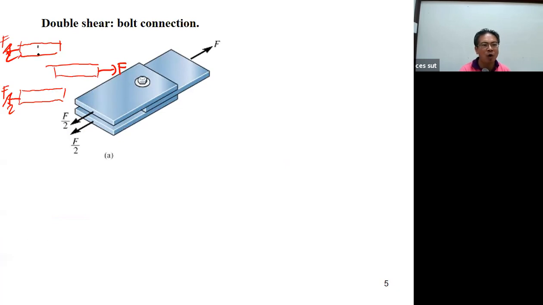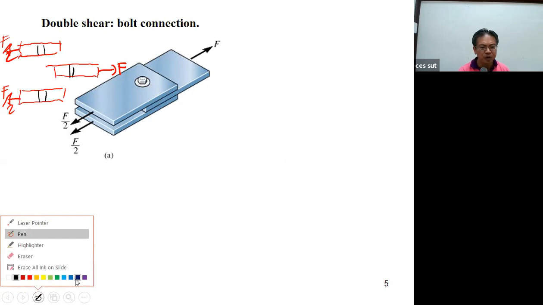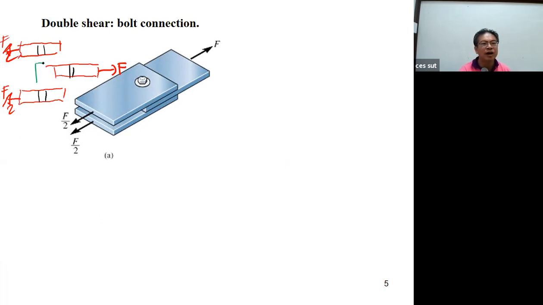We have the hole that the bolt is put into. So to connect them together, we have the bolt. And then to make the plate in balance, the force F over 2 will have the force F over 2 here. And it's going to act here.